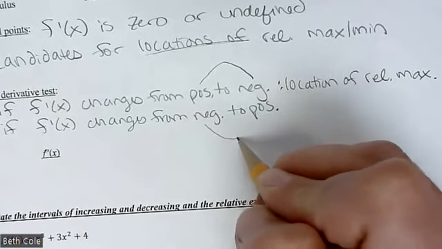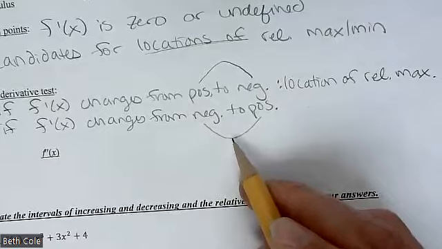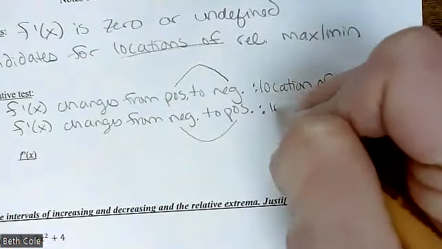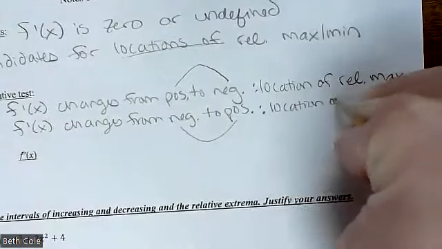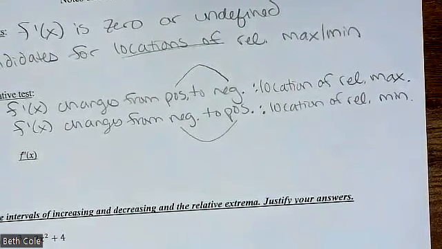Decreasing to increasing, and that is the location of a relative minimum. Good. So location of relative minimum. Positive to negative maximum, negative to positive minimum.